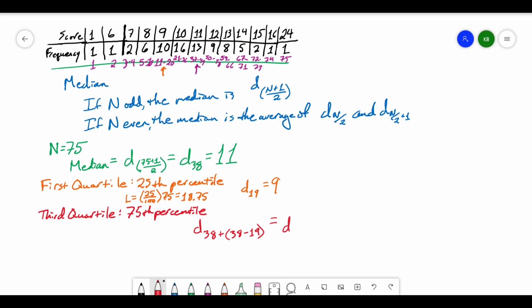So I'm looking for the data point at position 38 plus 19, or position 57. I can look in my bands here that I made, and I can find that position 57 falls in my band of 12. So my value there is going to be 12.